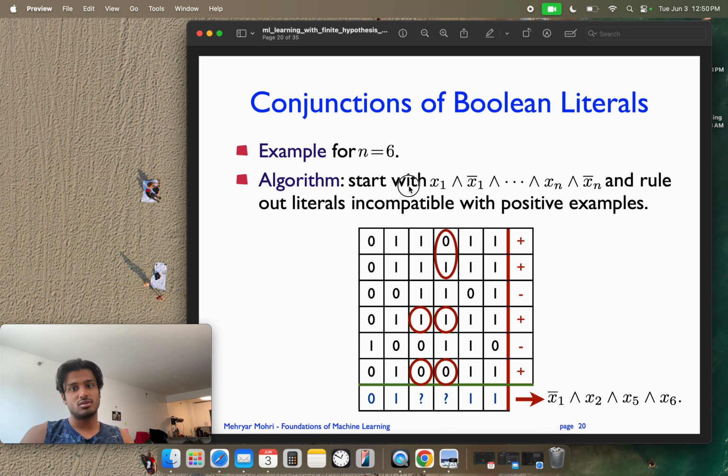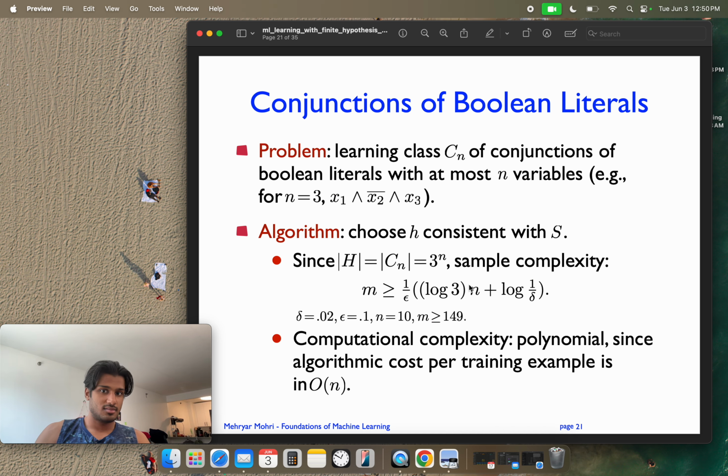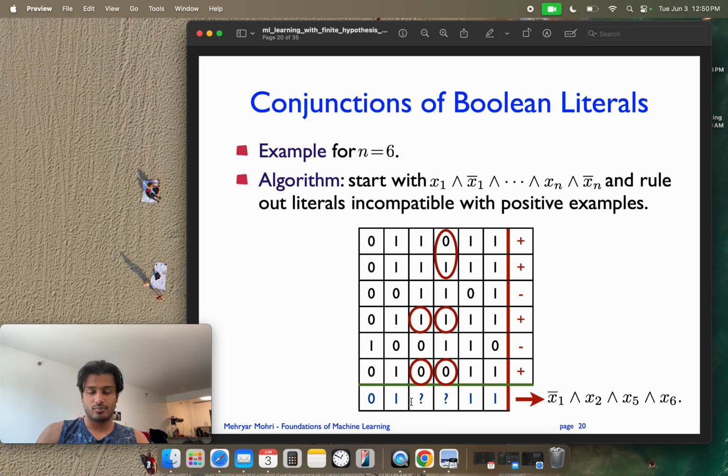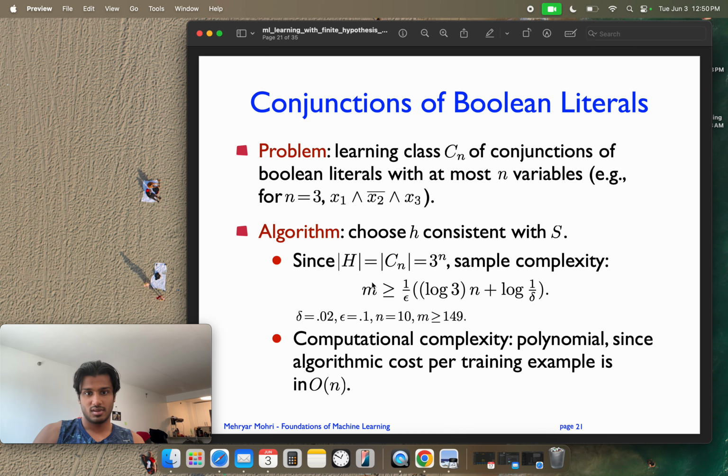So the algorithm is that you start with the entirety of the thing and rule out literals incompatible with positive examples. Fine. What you really output then is any conjunction which is consistent with the input that you're given, because the number of possible conjunctions that you can actually have is 3 to the n. Here I want to tell you why.